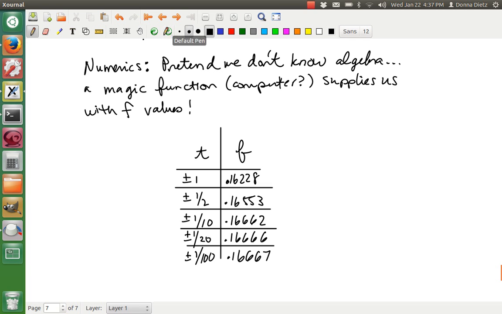So we can think in our mind, if we had some kind of graphing facility, it would look something like this. Plus and minus 1 would be here at 0.16228. Then it's going up a little bit, and it's symmetric on both sides, and it seems to be coming in to some kind of limit here.